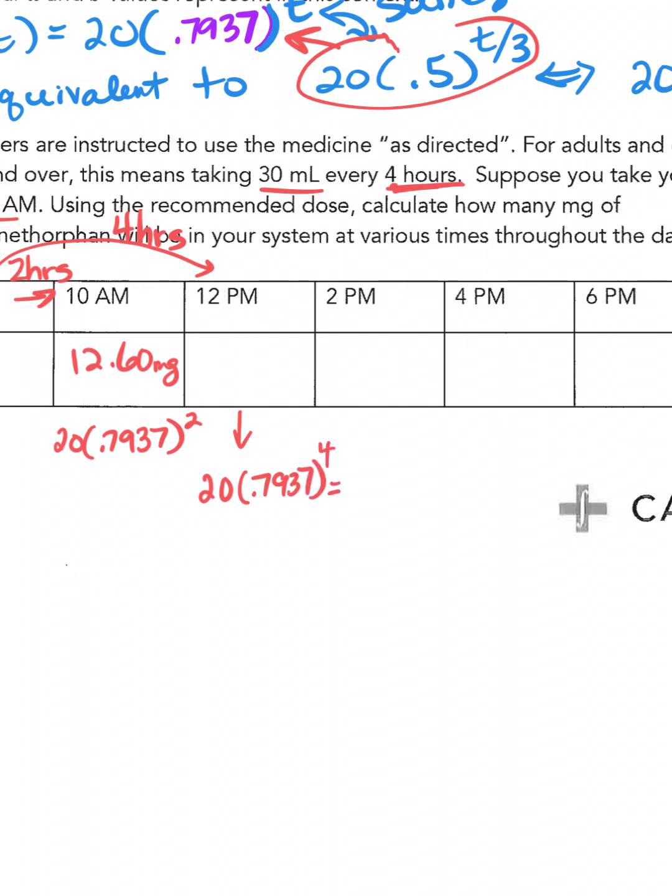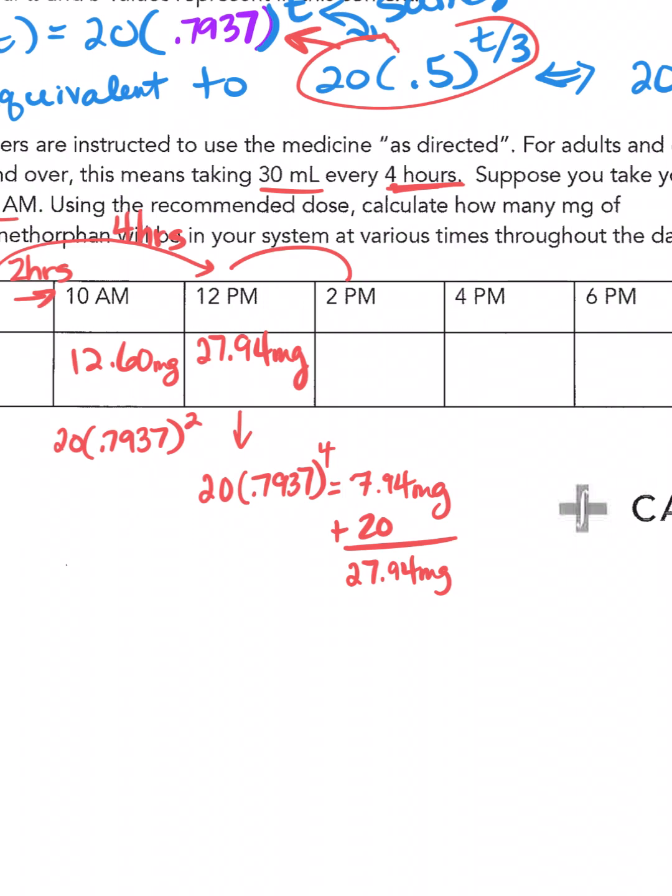If we look at that, we see it is 7.94 milligrams, but then they're having us take another dose, in which case we know there's another 20 milligrams in our system, so that ends up being 27.94 milligrams. So now we're at 27.94 milligrams at noon. Now, from noon to 2 p.m., again, we have 2 hours.